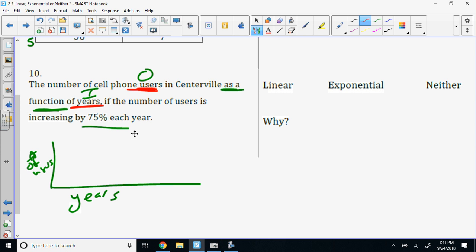All right, so this would be a base of 1.75. Why would it be a base of 1.75? Raise your hand if you know why. One, this is exponential. Two, why would it have a base? You got it.